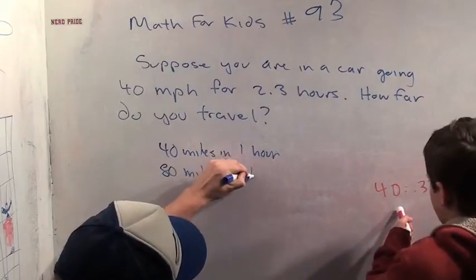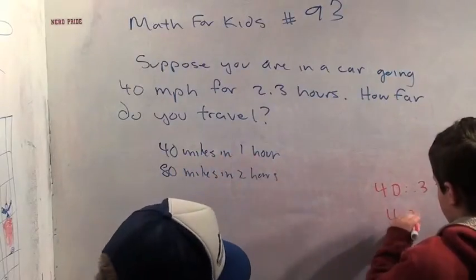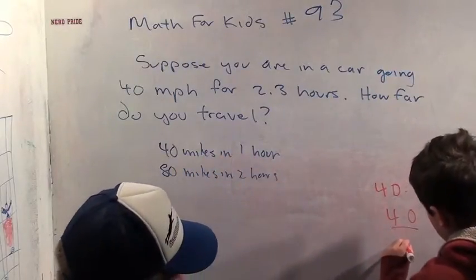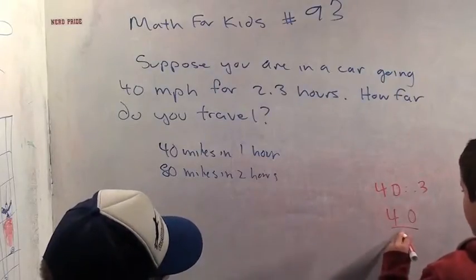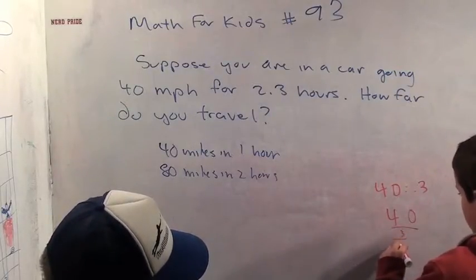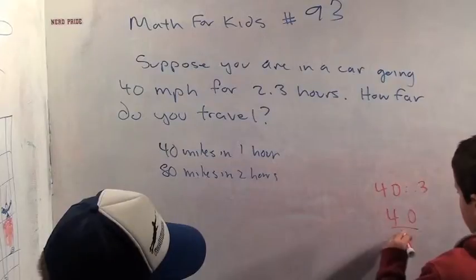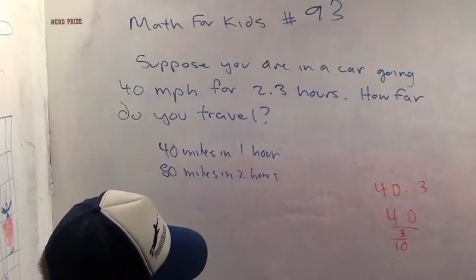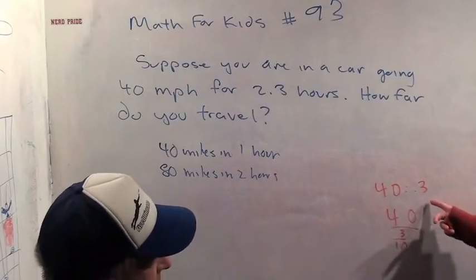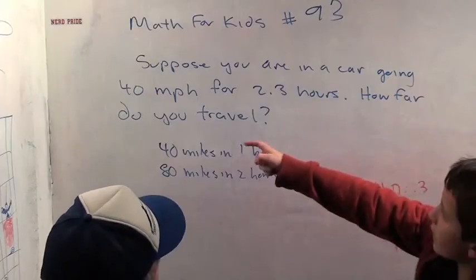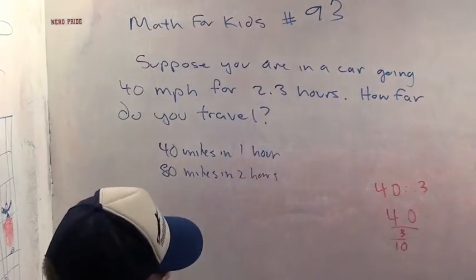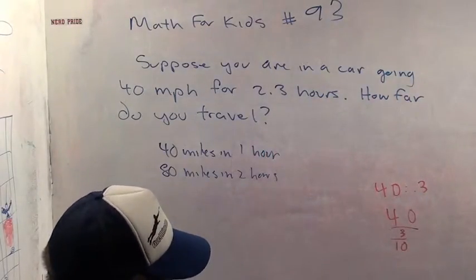This is what we have to figure out. 40 to 0.3. 40 over 3 tenths. What are you doing? I don't know what you're doing. What does 40 to 0.3 mean? It's 40 miles an hour for 0.3 hours. That's what I'm trying to figure out.